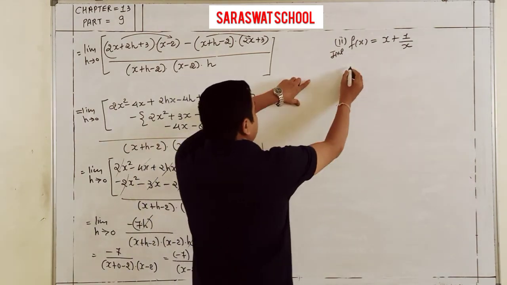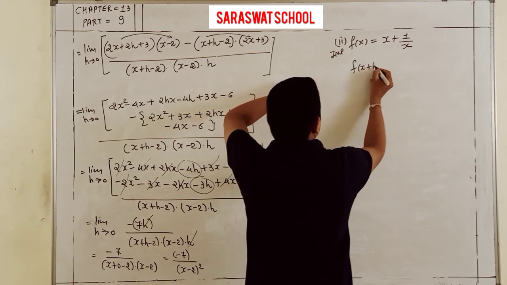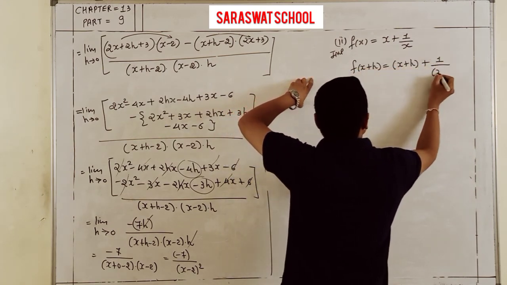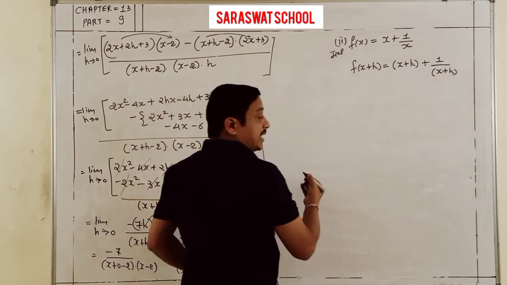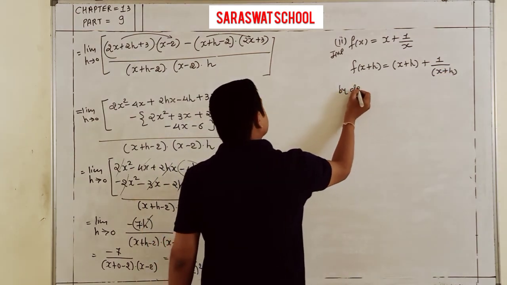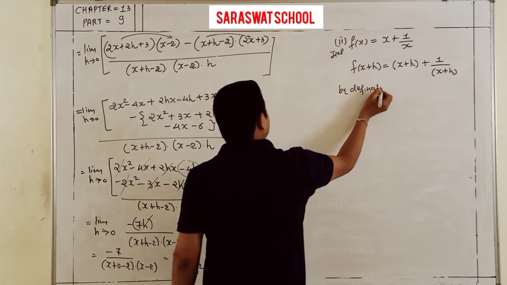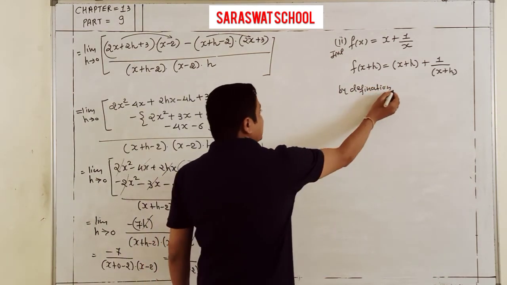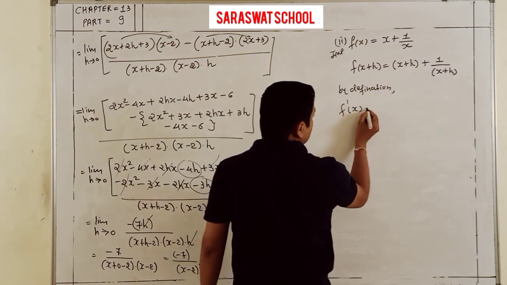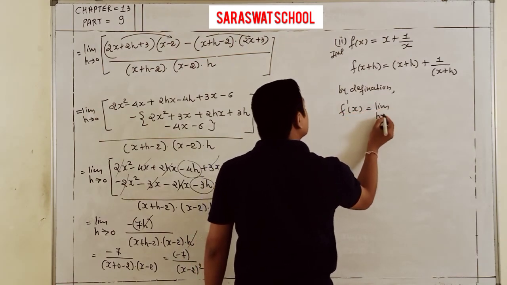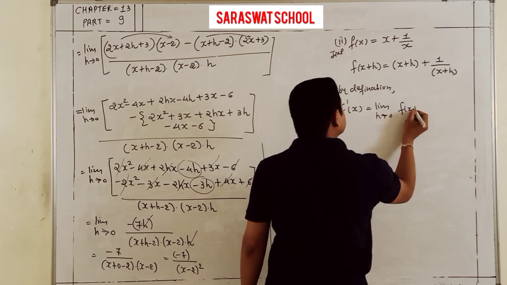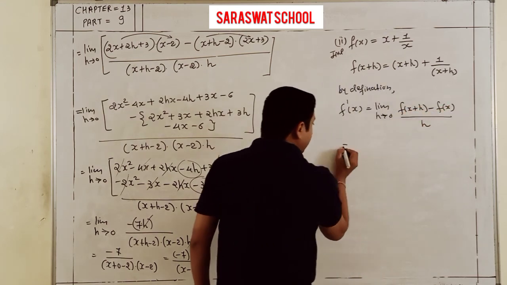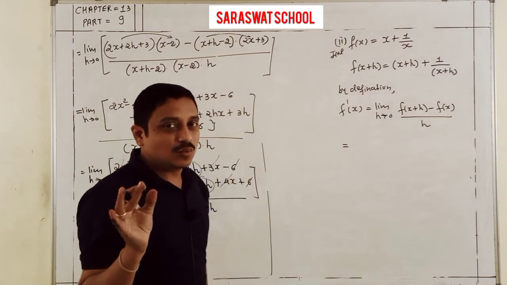So f of x plus h, which is x plus h plus 1 by x plus h, and apply by definition of derivative by the first principle, f dash x equals limit h tends to 0, f of x plus h minus f of x by h, and apply both values.